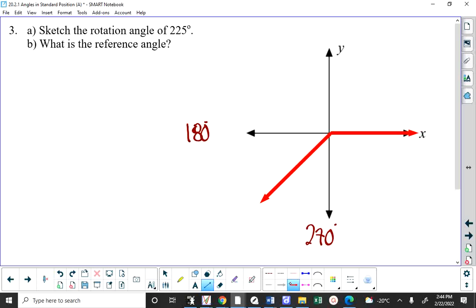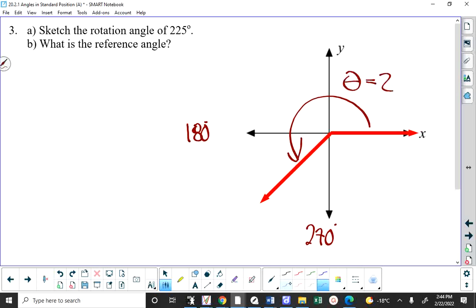In other words, halfway between the axes is kind of a weird thing to say about angles. In other words, it's just as far away from the x-axis as it is from the y-axis. This, of course, would be the rotation angle. Direction, theta equals 225.